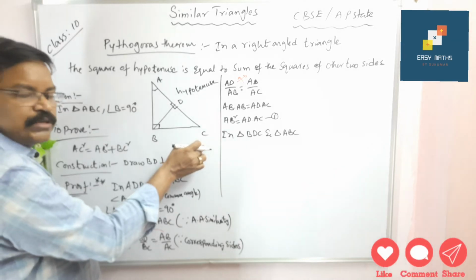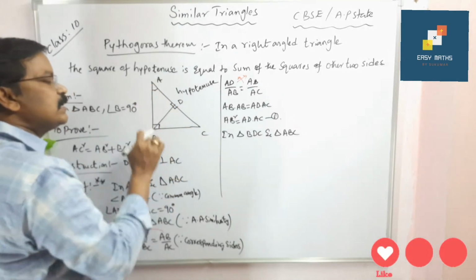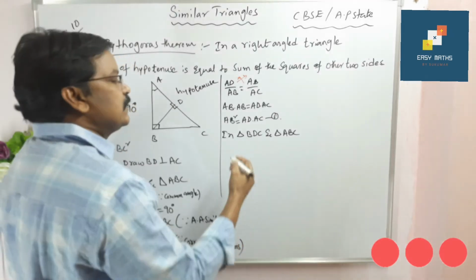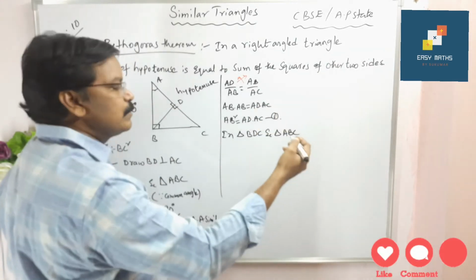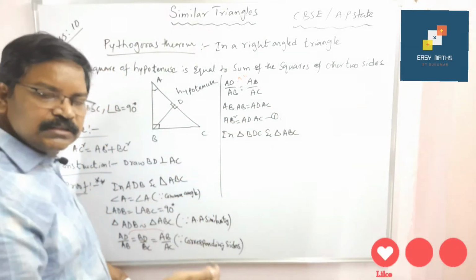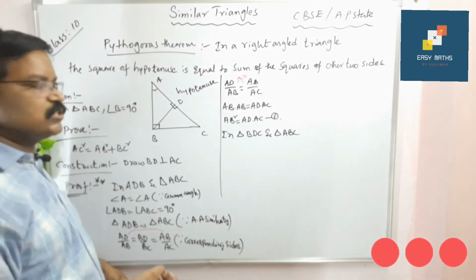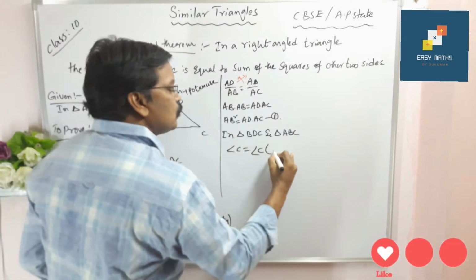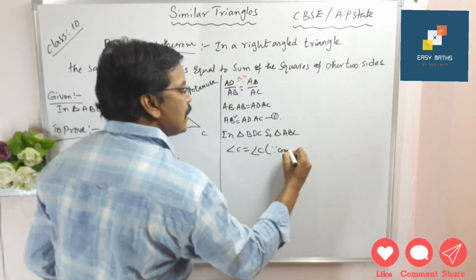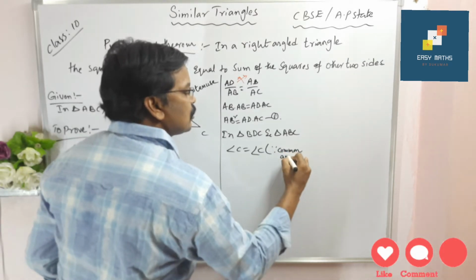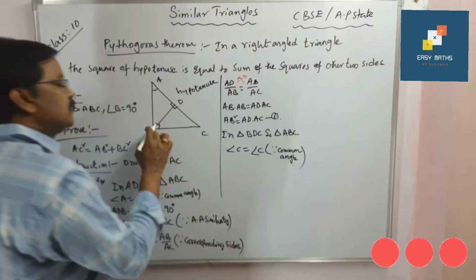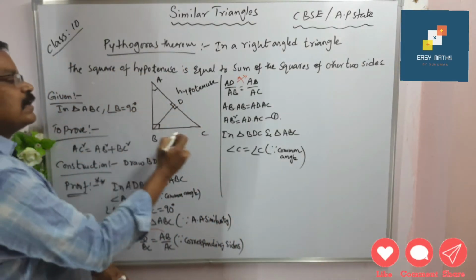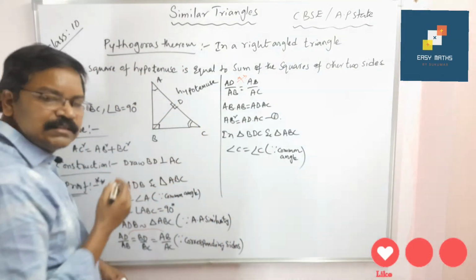Don't forget, my dear students. In triangle BDC and triangle ABC, we have to prove that these two triangles are similar. I will write angle C is equal to angle C, since it is the common angle.